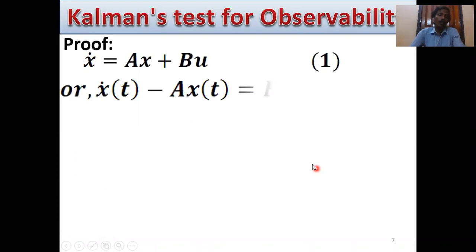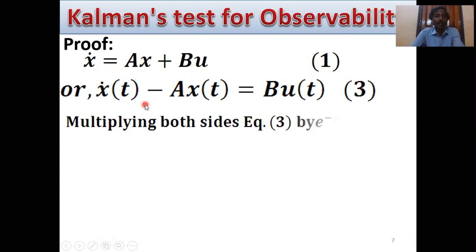Proof. x dot equals A x plus B u. Then x dot minus A x equals B u of t. This is equation number 3, transforming the right hand side term A x to the left hand side.